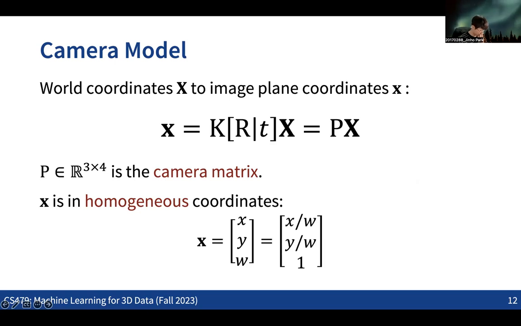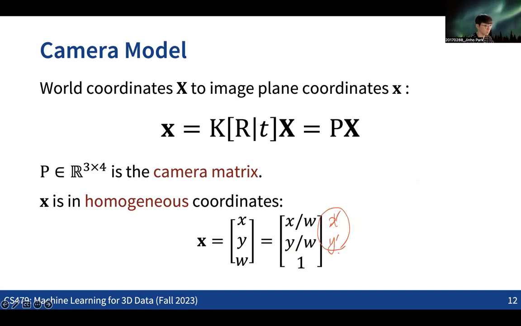So you can think that we have the 3x4 matrix as the extrinsic parameters, another 3x3 matrix as the intrinsic parameters, and we get a 3-dimensional vector, which can be divided by the last number, and we get the final x, y coordinates in the 2D space.